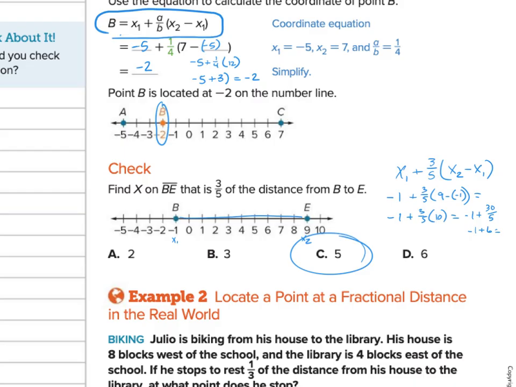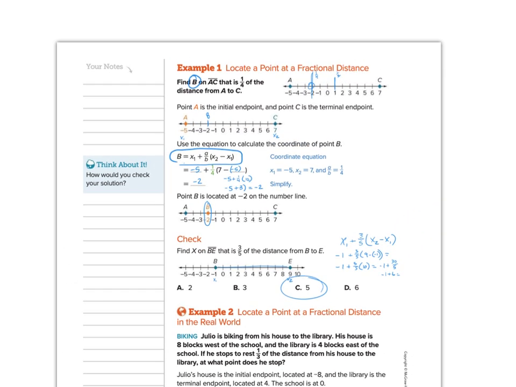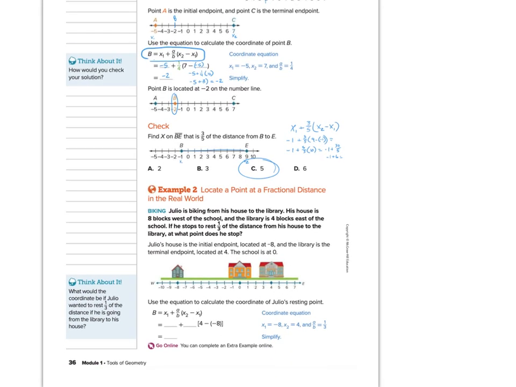And that's all we're doing with this, determining this location based on a fraction of the distance. So we have a few problems of this. This is all the state of Tennessee is looking for right now. So again, this is just being able to understand we're starting from some place and traveling just a portion of a distance. So there you go.